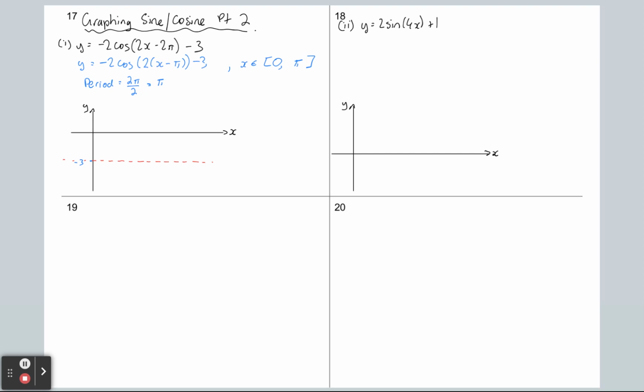I now look at the number in front of the cosine function. I see it's 2, which means that my amplitude is 2, which means that I'll be going 2 units above the center line and 2 units below the center line. So that gives me minus 3 plus 2, which gets me to minus 1, about there, and minus 3 minus 2, which would get me to about there, like so.